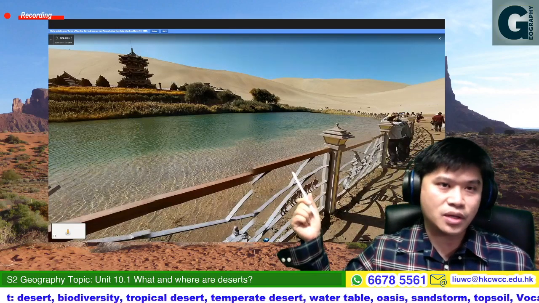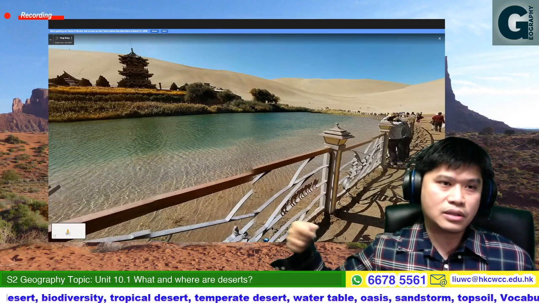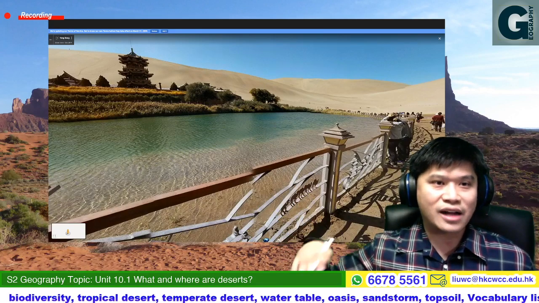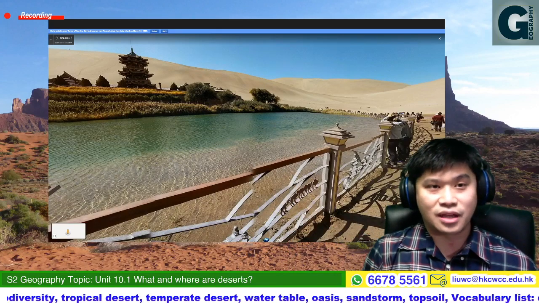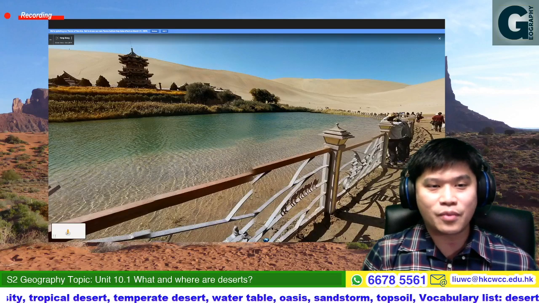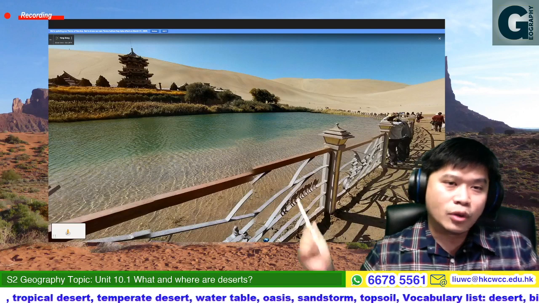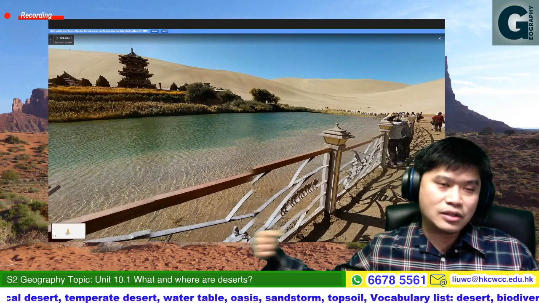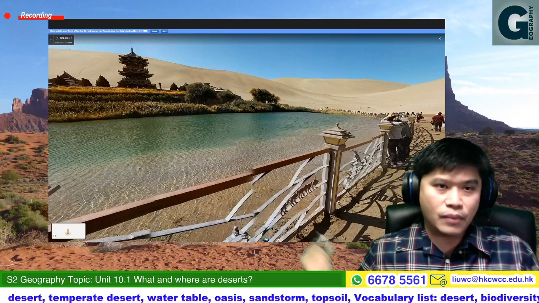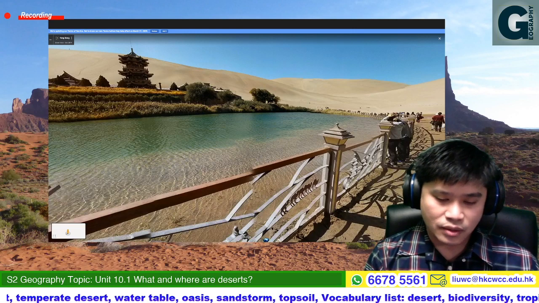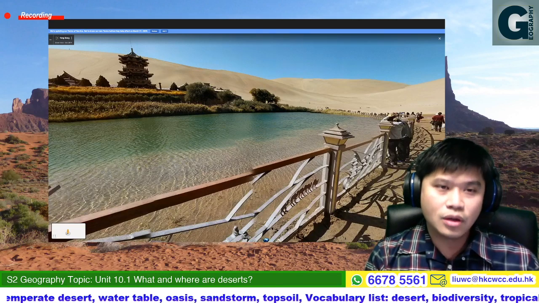Why will it disappear? It is because the scientists realized that the groundwater in Dunhuang is dropping rapidly. So when the water table drops rapidly, there is no more supply of water to this pool, and then it may disappear. You may ask, why will the water table drop?